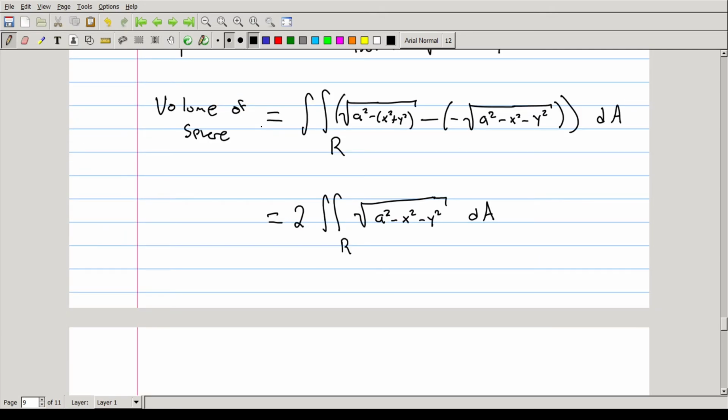And this is equivalent to saying that the volume of the sphere is 2 times the volume under the top hemisphere, above the xy plane.